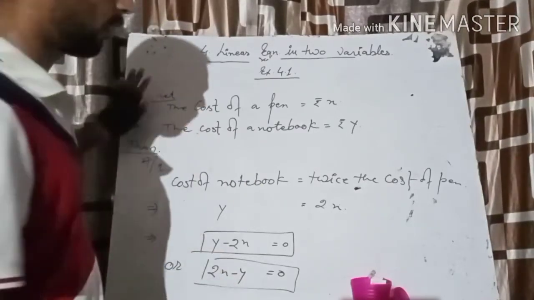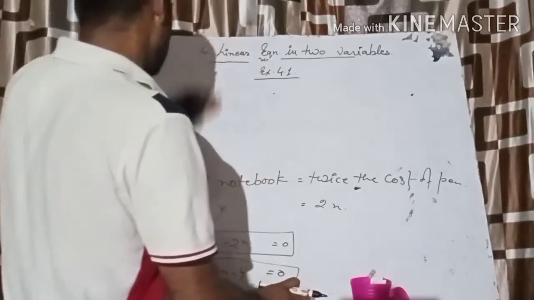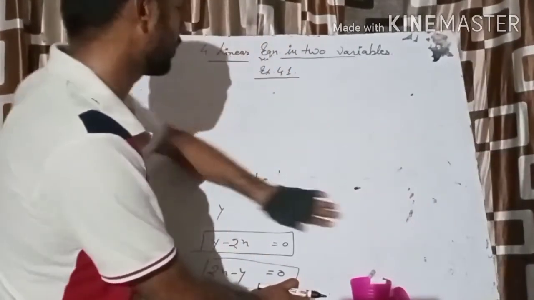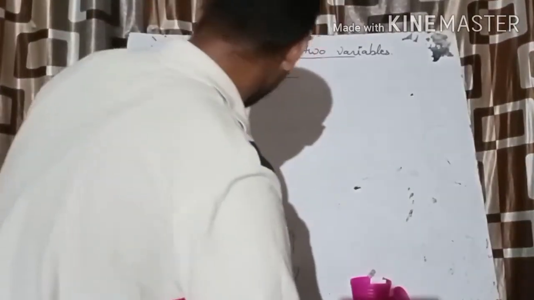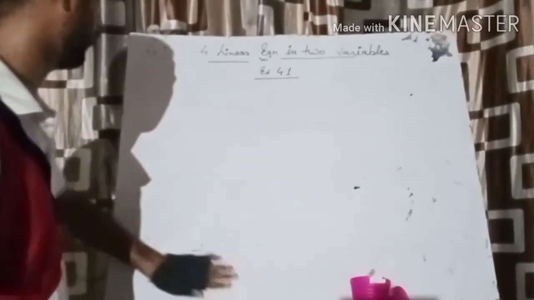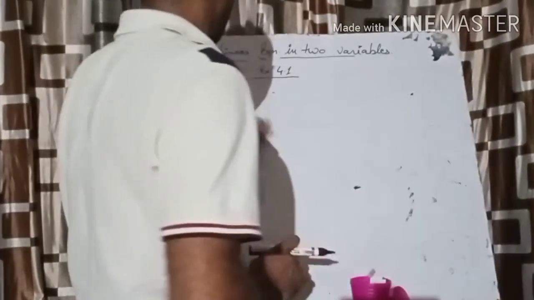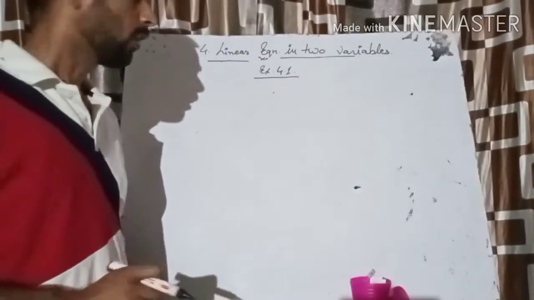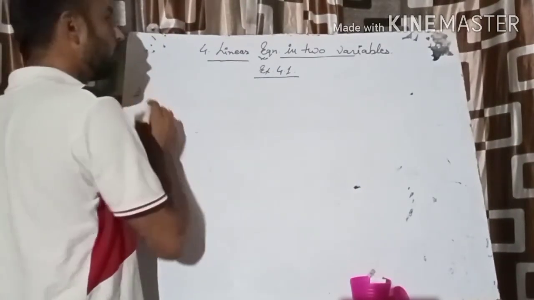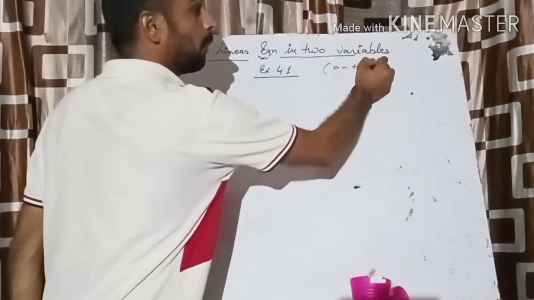Express the following linear equations in the form ax plus by plus c equal to 0. The condition is given that we have to convert the following into the standard form of the linear equation in two variables. Again I am reminding you, the standard or general form is ax plus by plus c.